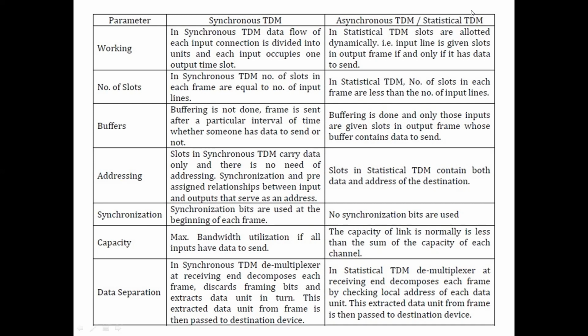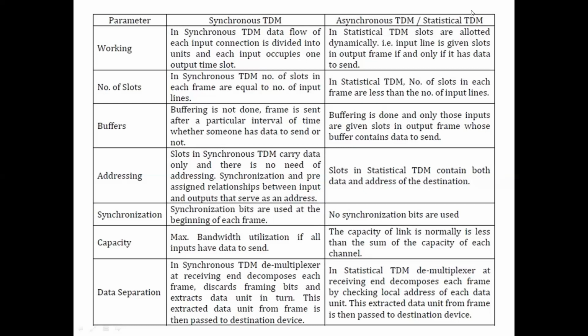In terms of capacity also, there is maximum bandwidth utilization if all inputs have data to send in the case of synchronous TDM. However, in asynchronous TDM, the capacity of the link is normally less than the sum of the capacity of each channel. So more efficiency is with asynchronous TDM. In synchronous TDM, the demultiplexer at the receiving end decomposes each frame. It discards framing bits and extracts data units in turn.